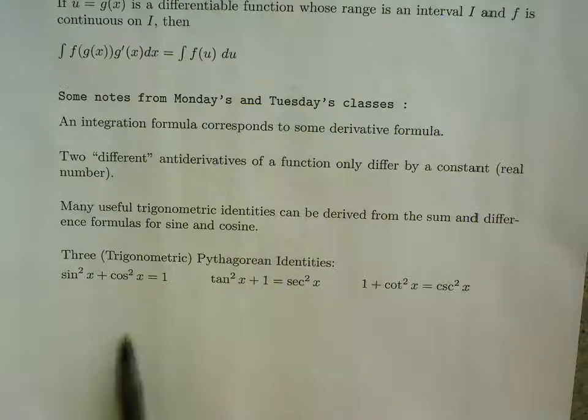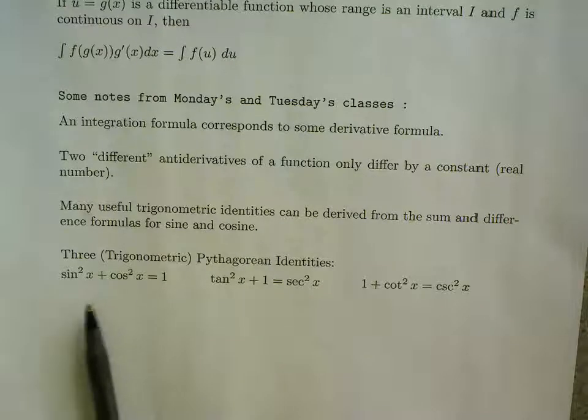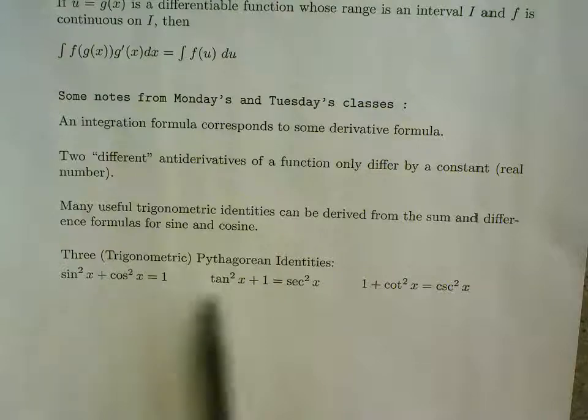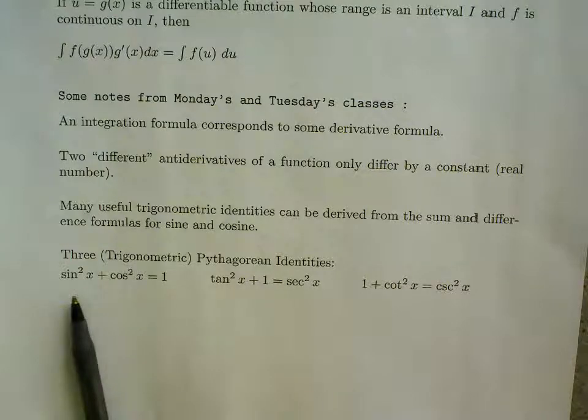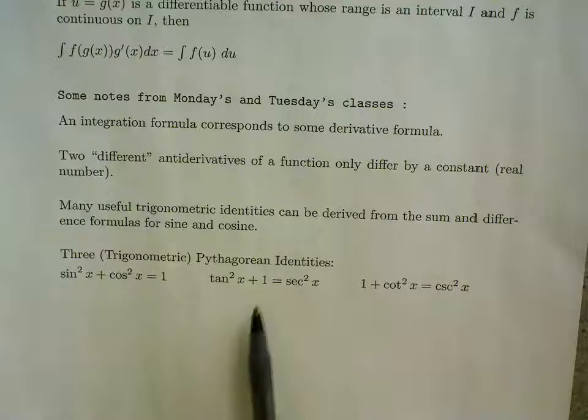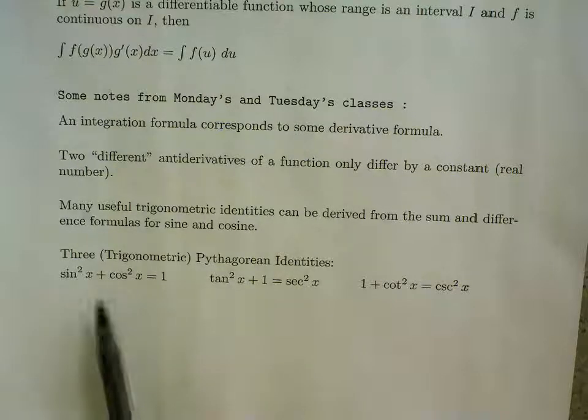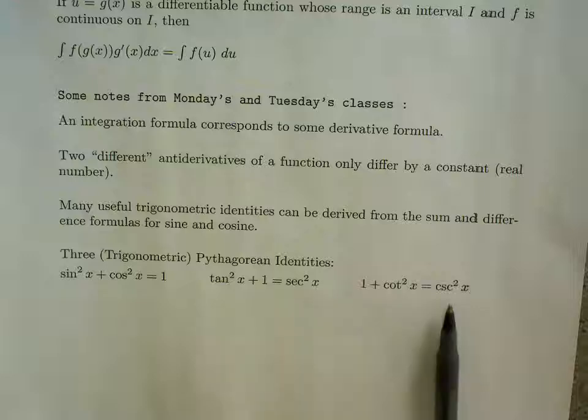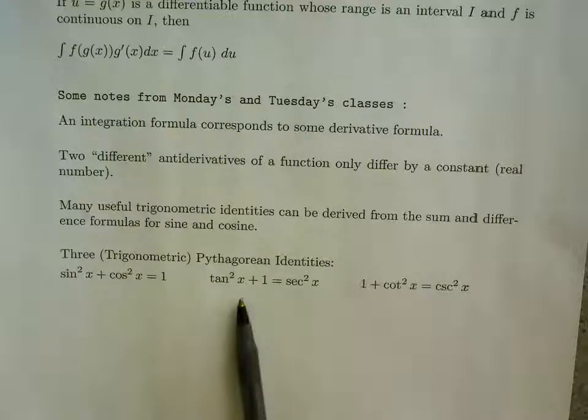And then the three trigonometric Pythagorean identities, the most famous one, sine of x squared plus cosine of x squared equals 1. But using that or the Pythagorean identity on the left, we can derive the other two Pythagorean identities.